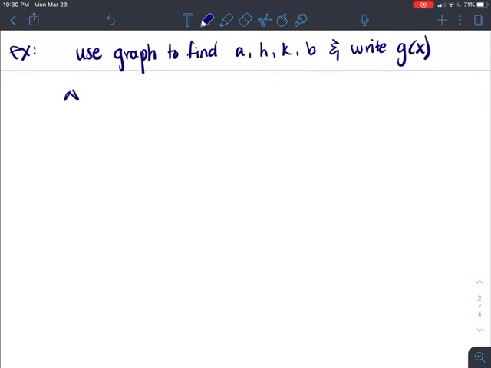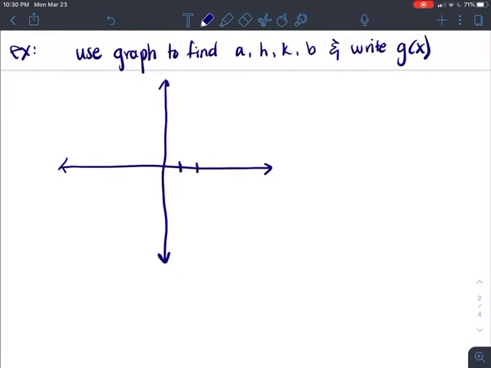So I'm going to draw the graph that they've given us. And this is done in thirds, so I'm just drawing it how it appears in the notes. Each of these is a third, where this is 1.